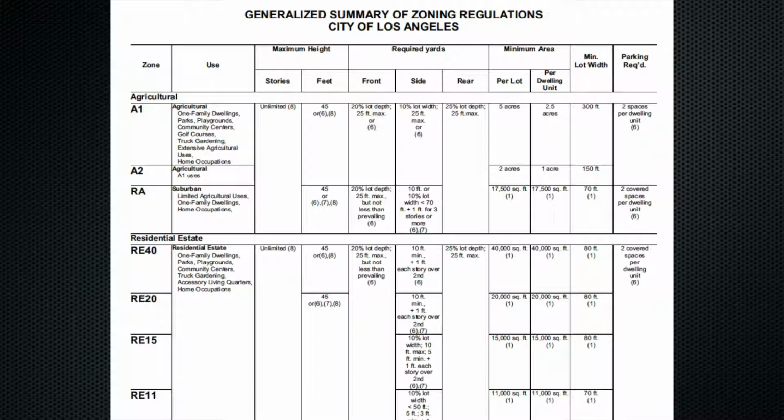And if I can just give you a quick example of an interesting conflict between a general plan and a zoning code. I'm actually doing an entitlement right now where the general plan designation has some language in it that talks about lot sizes. What's interesting is the general plan is supposed to be this large policy document. It's a low density residential designation, but in the general plan description, it talks about different lot sizes.